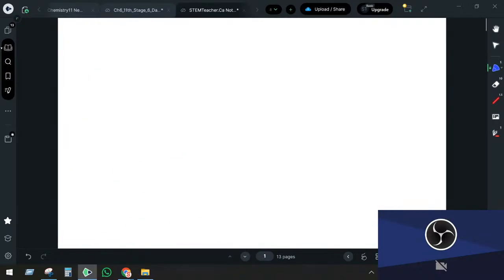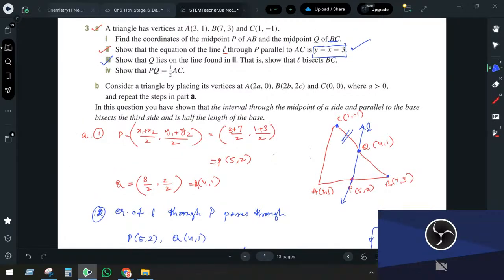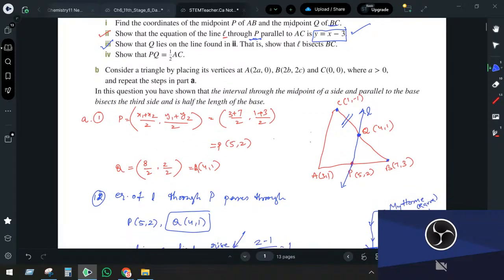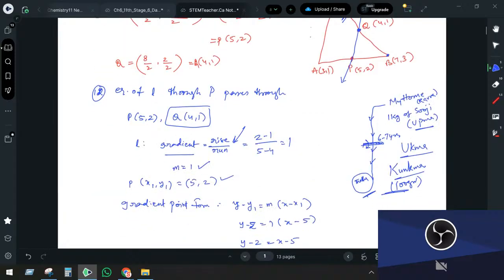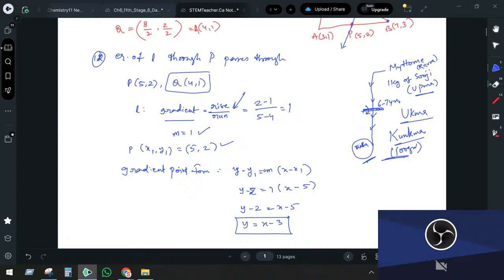I made a mistake. There is no involvement of Q in the second part. I showed that this line is y equals x minus 3, but we should not show that. The line is totally different. We have to do the problem in a different way. Everything is fine. We need another line equation, AC.